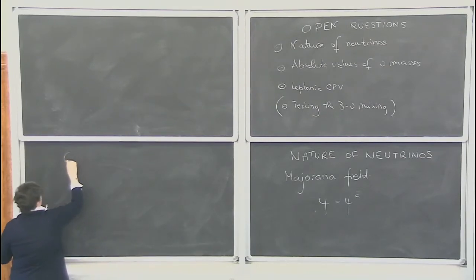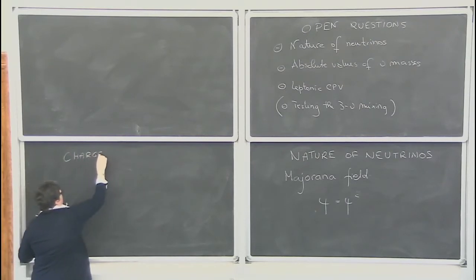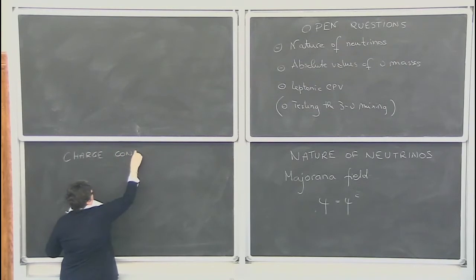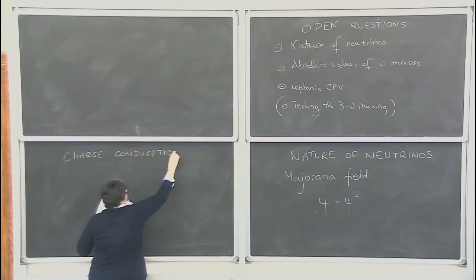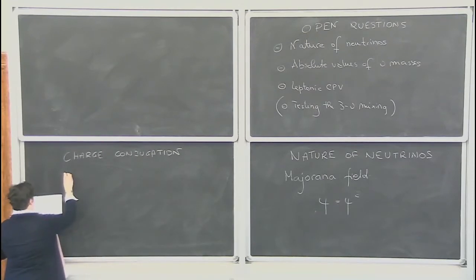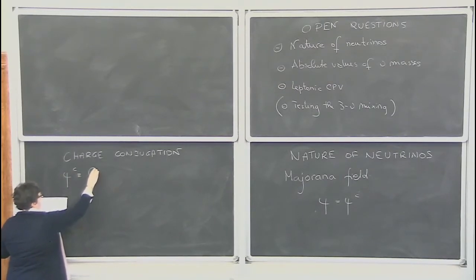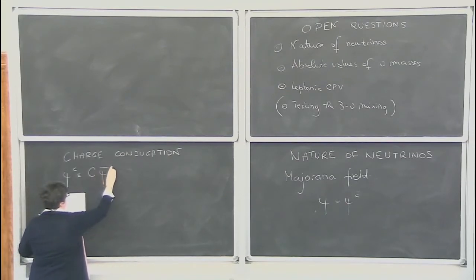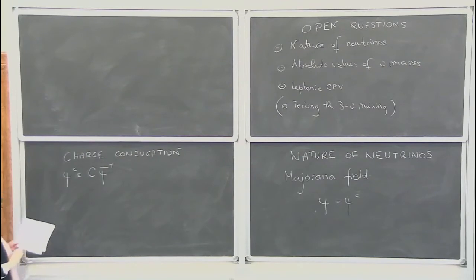So let's look at charge conjugation. I define the charge conjugate psi C to be C psi bar transpose, where C is a matrix.